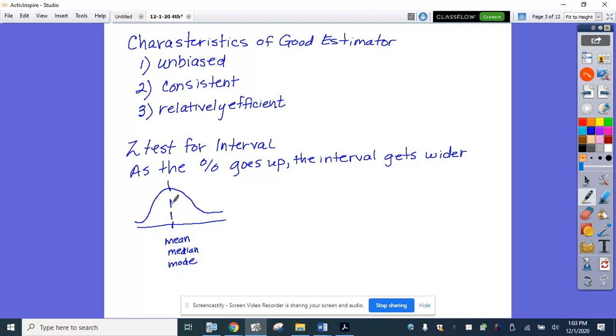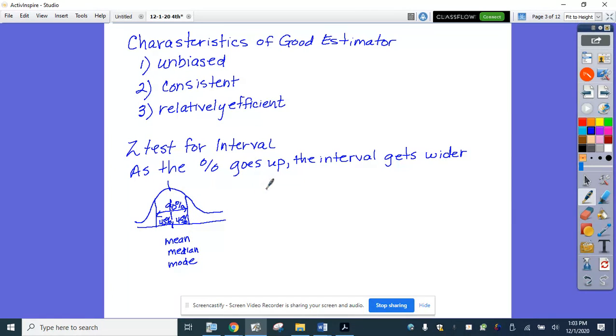And when we do a confidence interval, we go from the left and the right an equal distance from the mean. So if this whole thing is 90%, then that means that 45% of this is on the left-hand side and 45% is on the right-hand side.